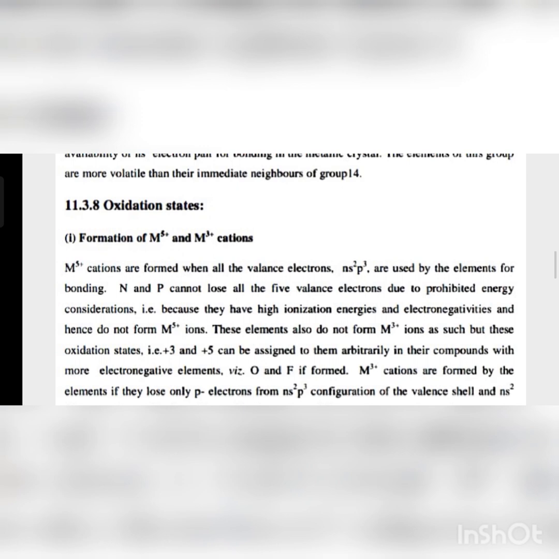Nitrogen and phosphorus cannot lose all the 5 valence electrons due to prohibitive energy considerations. That is because they have high ionization energies and electronegativities and hence do not form M5+ ions.